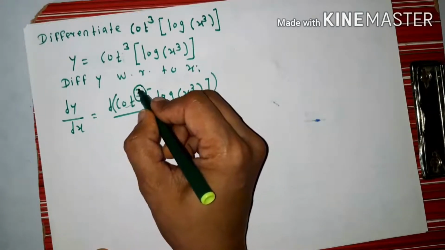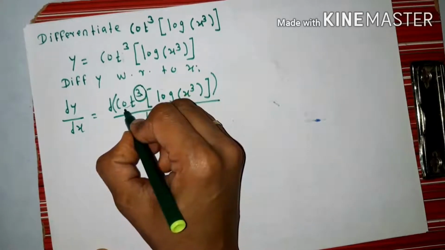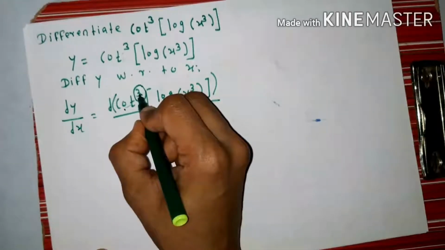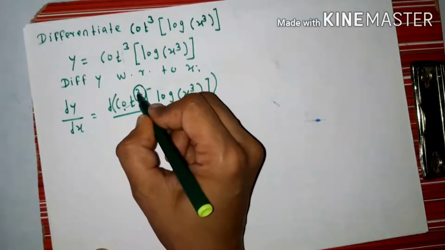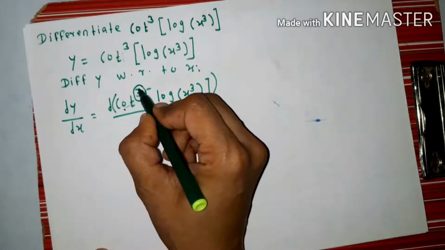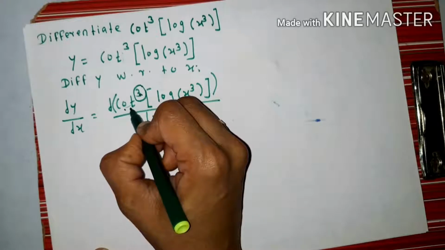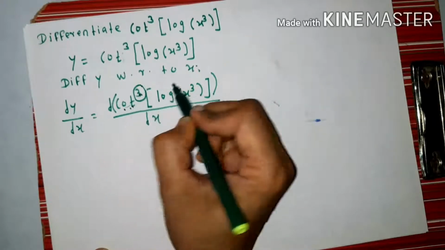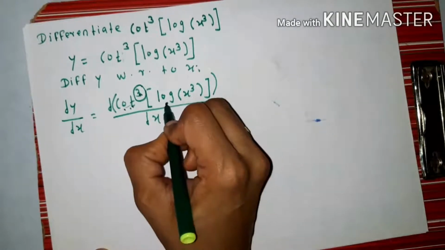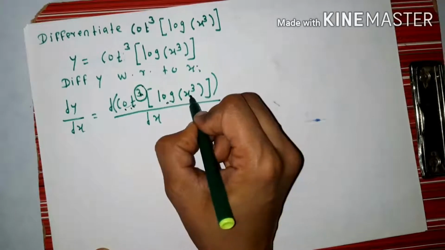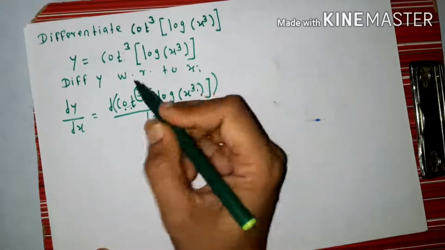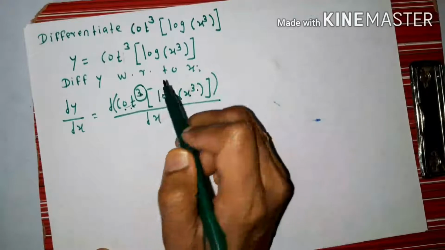Then power function is the function of trigonometric function. See here, cot cube is there, means power is 3, the power function is function of trigonometric function is function of logarithmic function is function of x cube. And in the same sequence we have to differentiate.